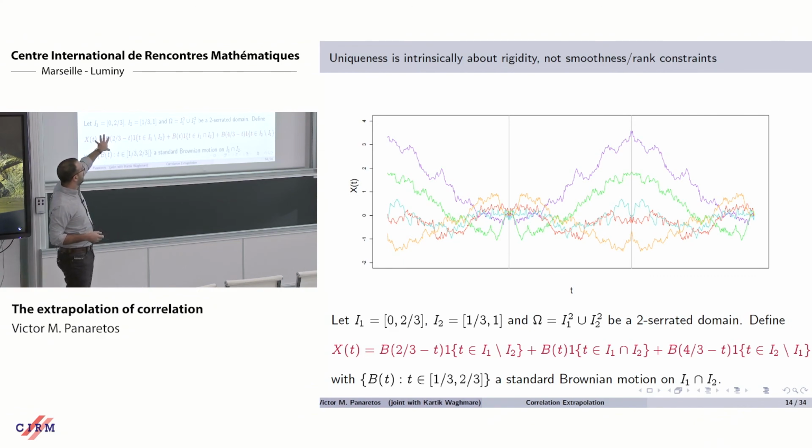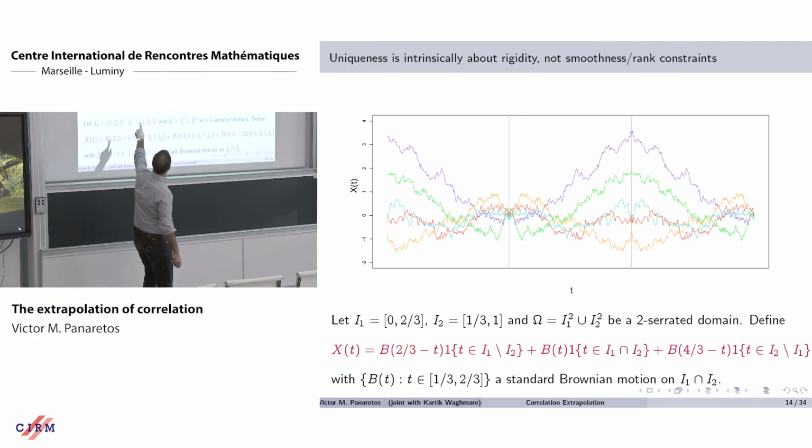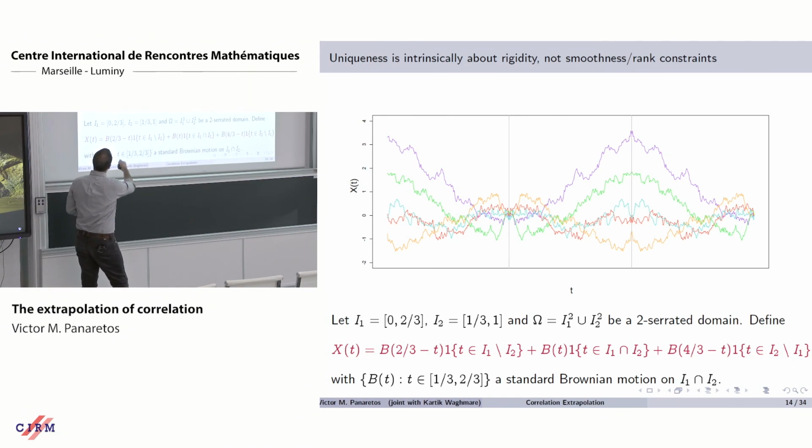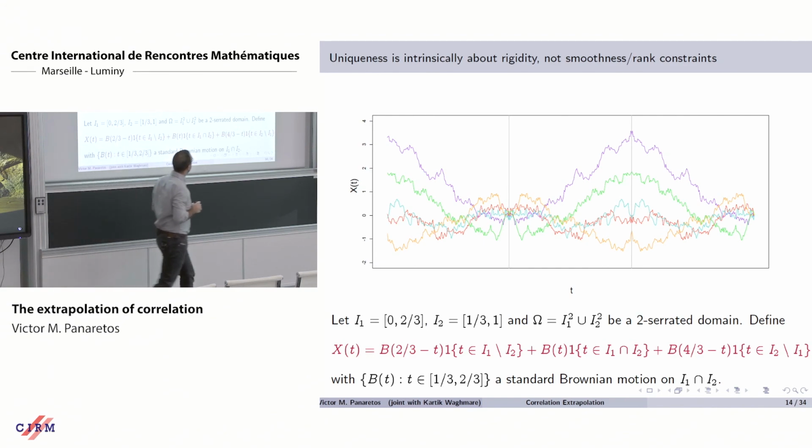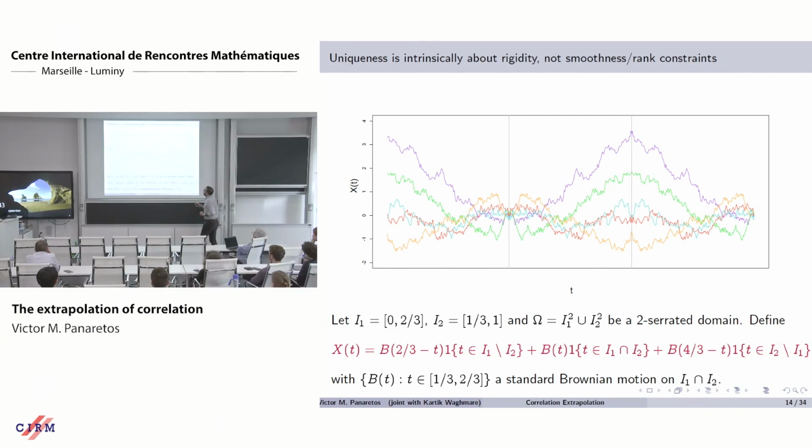So here is something that is definitely not smooth and is not finite rank, but it trivializes in the sense of uniqueness. What I've done is I've taken two intervals. This is a two-serrated example. One is from 0 to 2/3. The other is from 1/3 to 1. And I've generated a Brownian motion at their intersection.